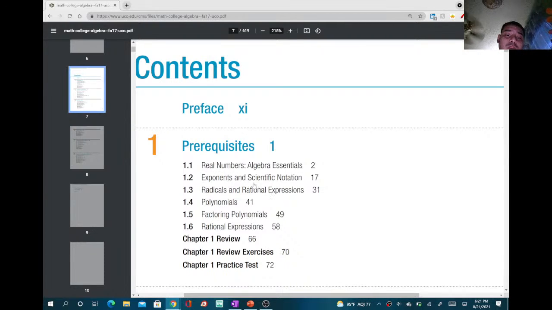Exponents and scientific notation, I'll do my best on it, but I can't guarantee that, because scientific notation is only one part of it, a very small portion. But let's go ahead and get started.